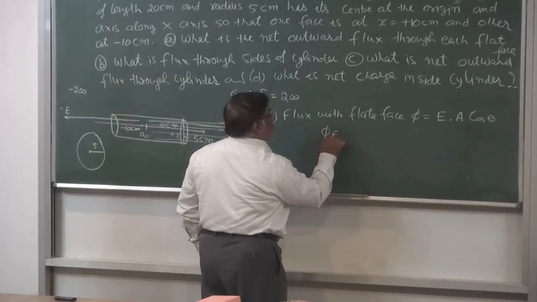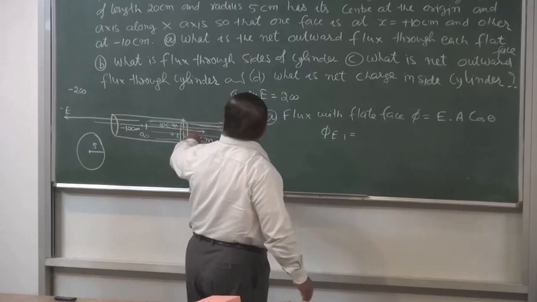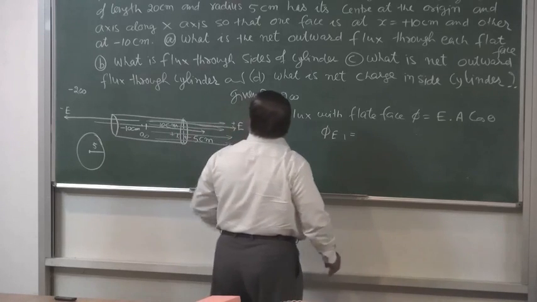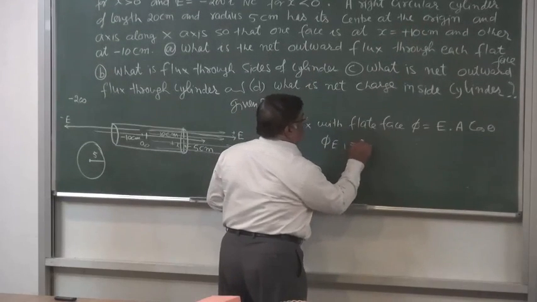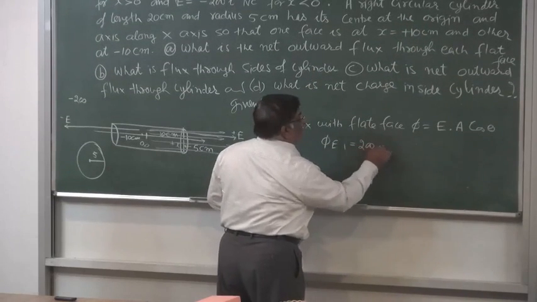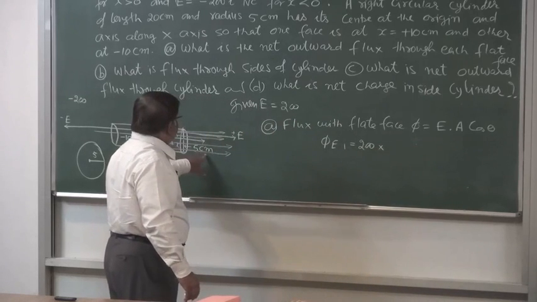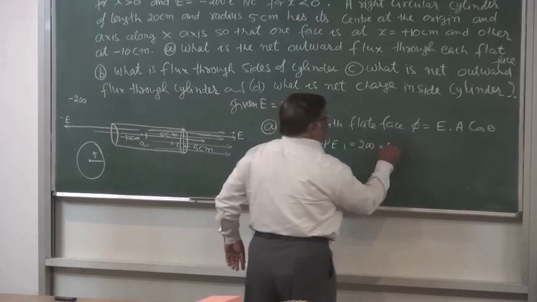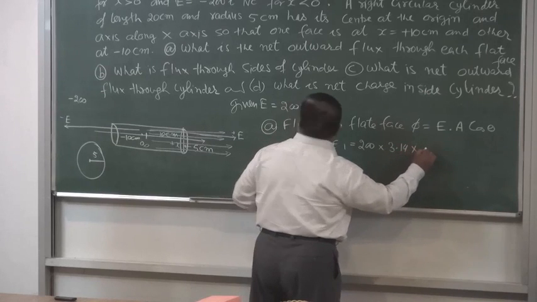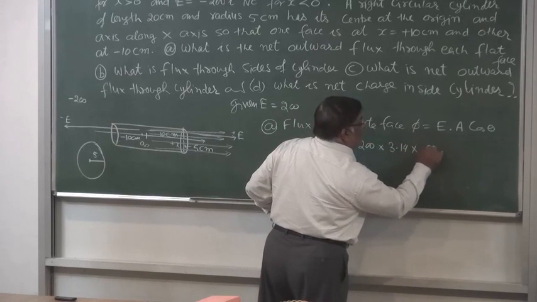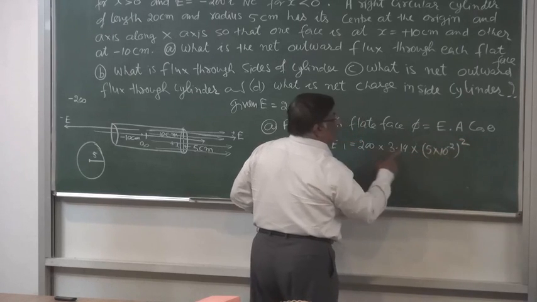So flux from face 1 is equal to, what is the value of E? The E value is given to us, it is 200 Newton per coulomb. 200 into area. Area is also given to us. Radius is given as 5 centimeter. So area is 3.14 into r square. How much is r? 5 into 10 to the power minus 2, squared. This is E into A.